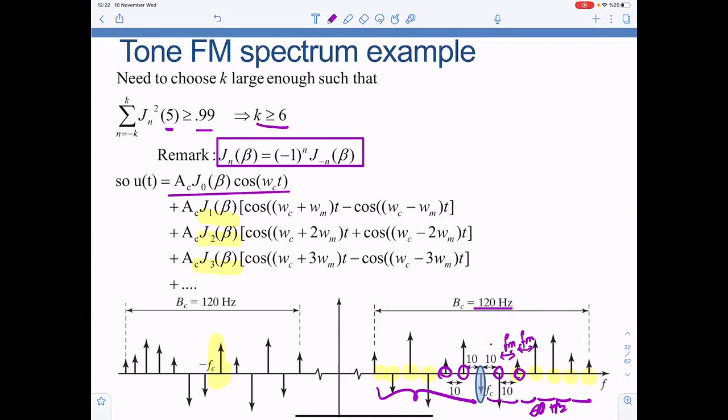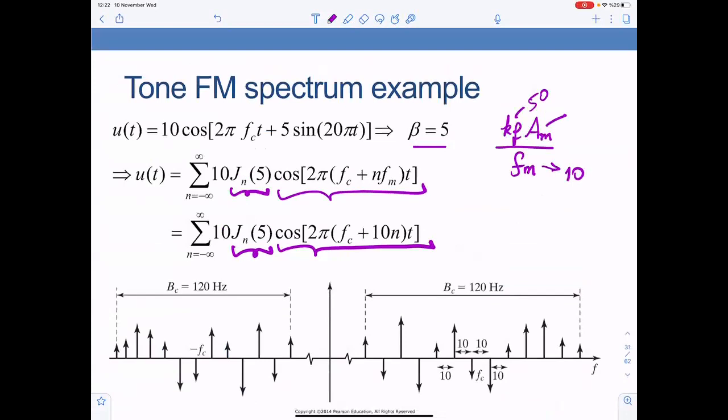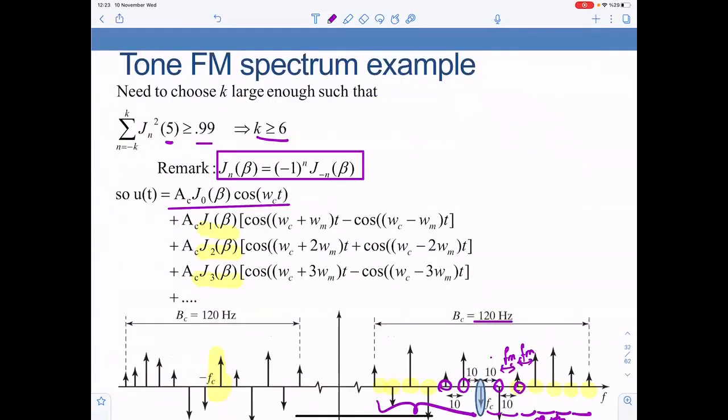Yes, please. Here is the connection. We have an infinite number of terms here, right? But we want to say, okay, after a while, as n grows, the Jn terms get small. How many n terms do we need so that those terms contain 99% of the power? And we do the computation.